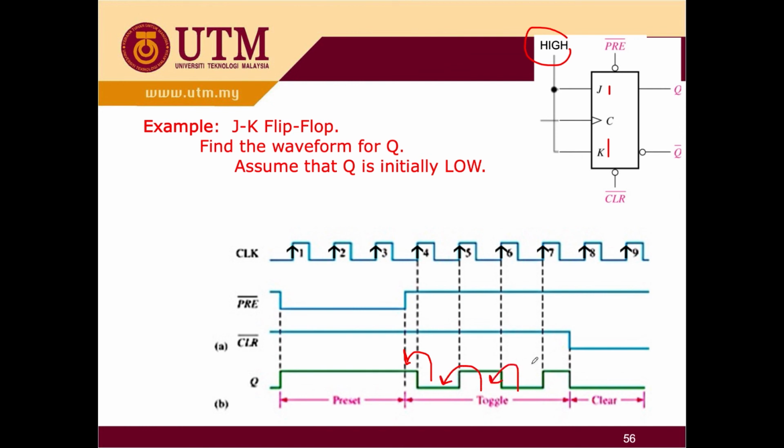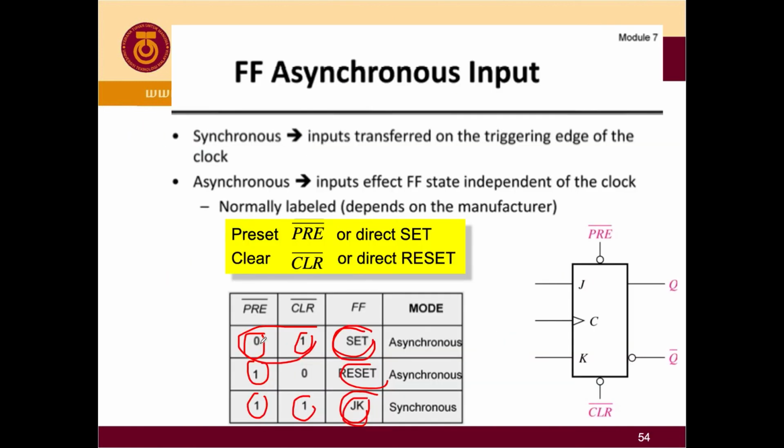Is it okay? So until here, you're going to look at your clock until the value of 1 1 only for your preset. But after that, you can see the value is changing to 1 0 for your preset. So you no need to look into your clock at all, because the priority is for your preset and clear truth table.